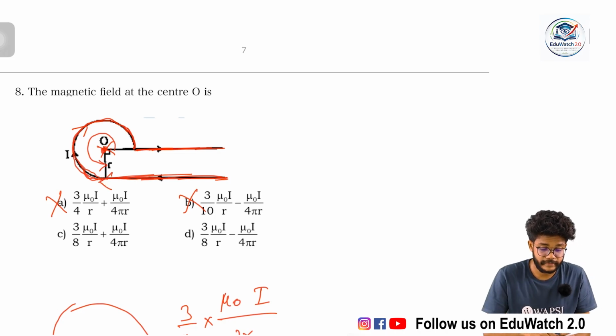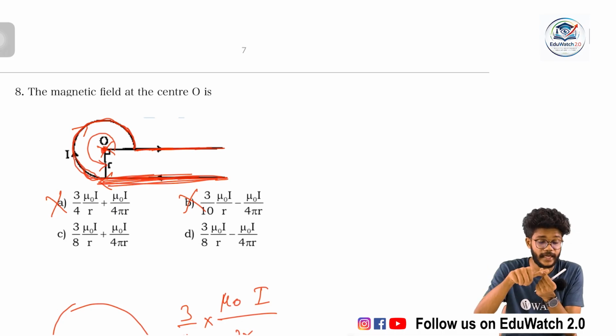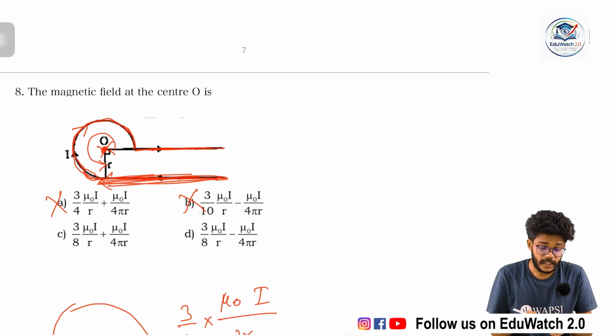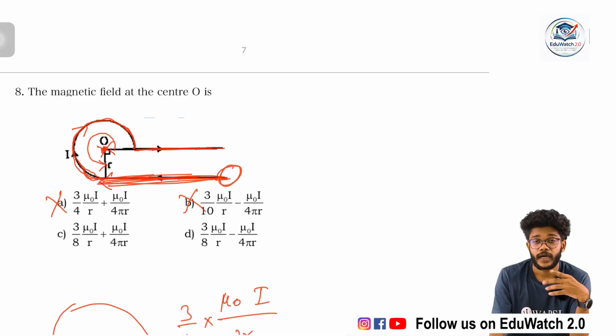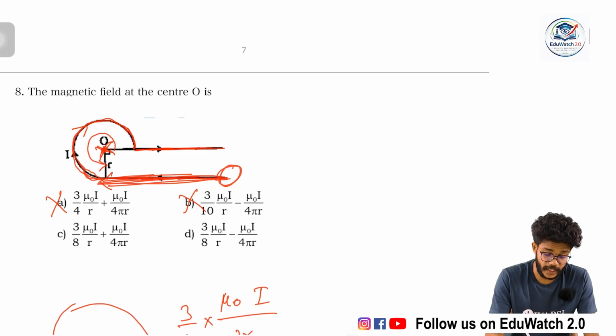Here the current is a straight line, so we make our thumb in the direction of the current, and my fingers are curling into the page. Yes, into the page. So the magnetic field contributed by this line is in the same direction as the initial one. So no negative will come, only positive.